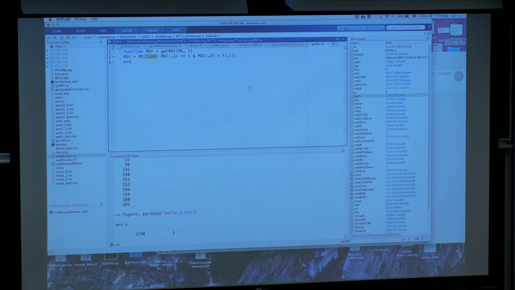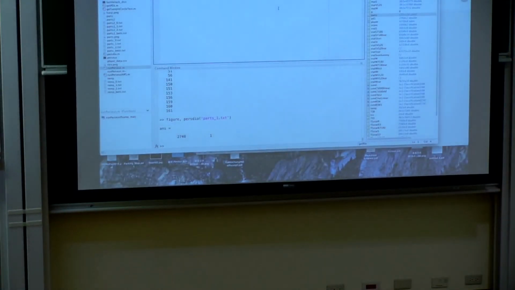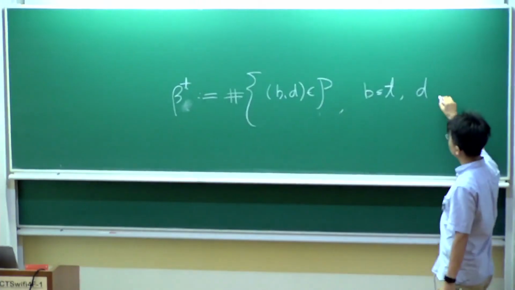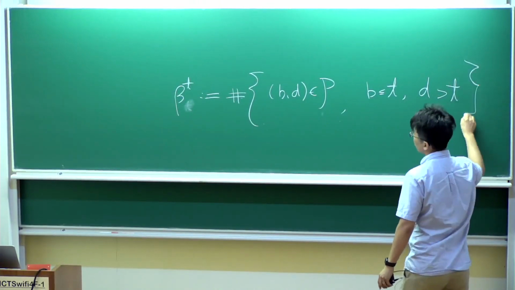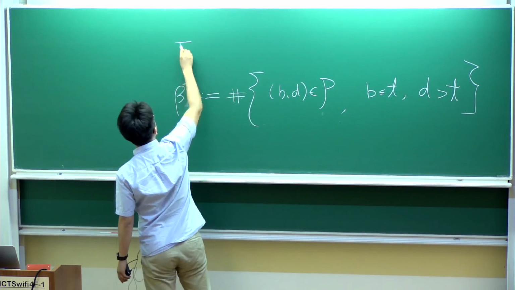The Betti number at a certain threshold t is equal to the number of points in the following set of the persistent diagram: birth value less than or equal to t, and death value greater than t. This is the fundamental lemma in persistent homology.